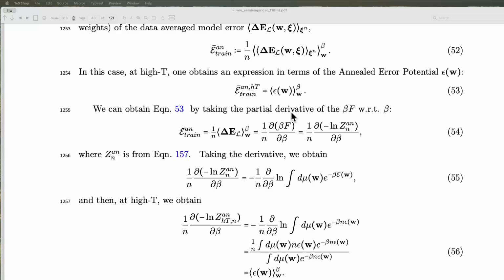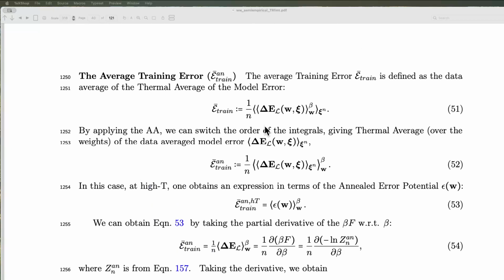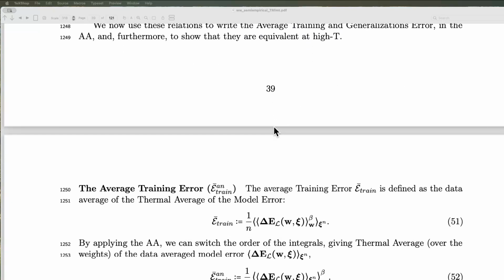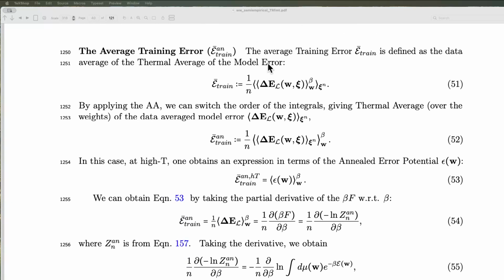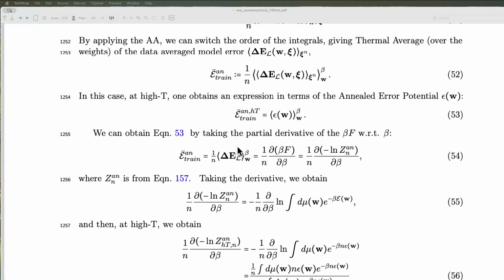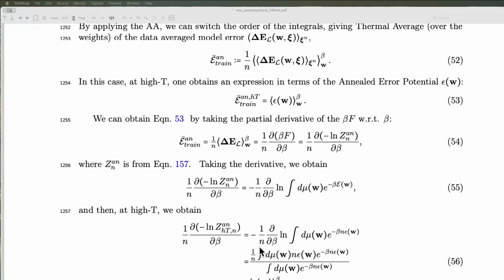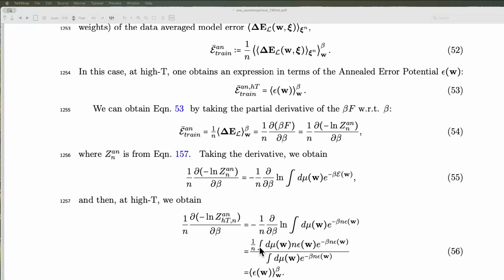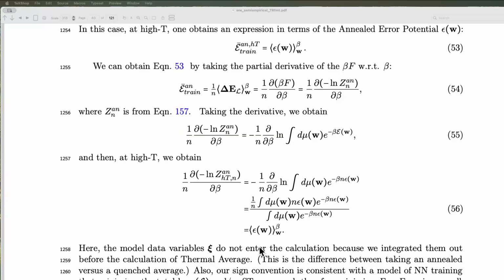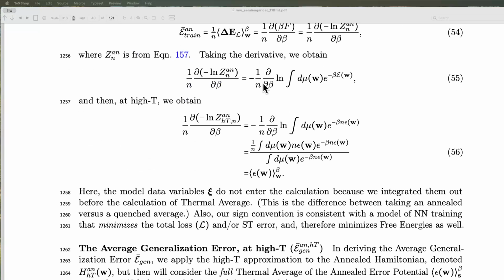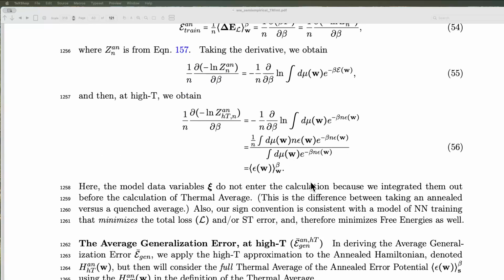But it may have gotten a little mangled in terms of the explanations. So these are definitely the definitions, and we're writing it using the annealed approximation, and then we prove it. I don't like writing theorem proof, but basically we derived it. So this little section derives equation 56, which is this key result.